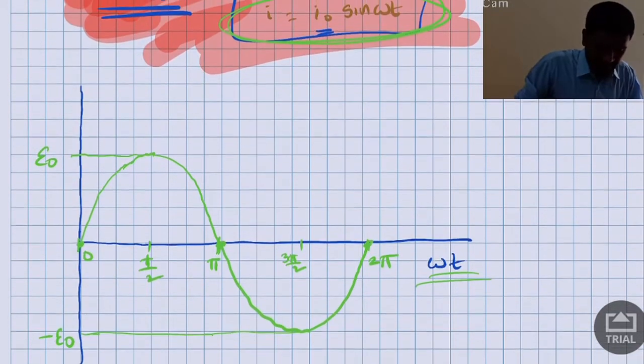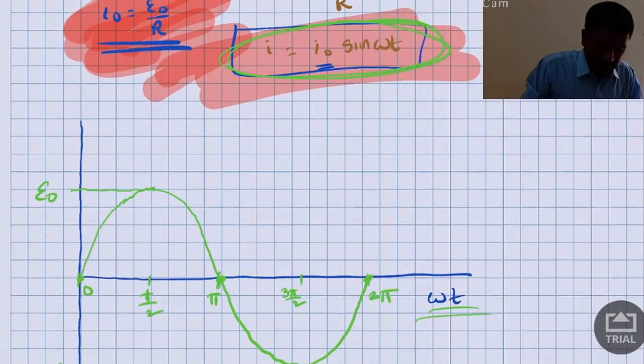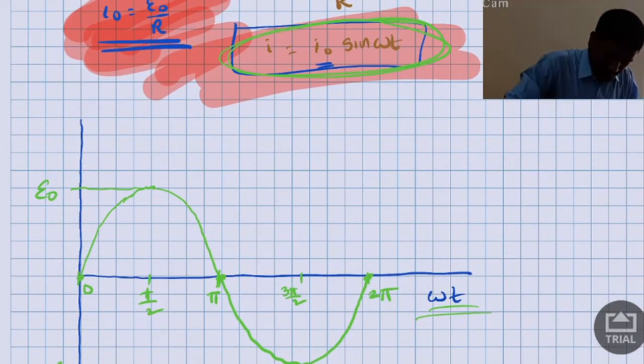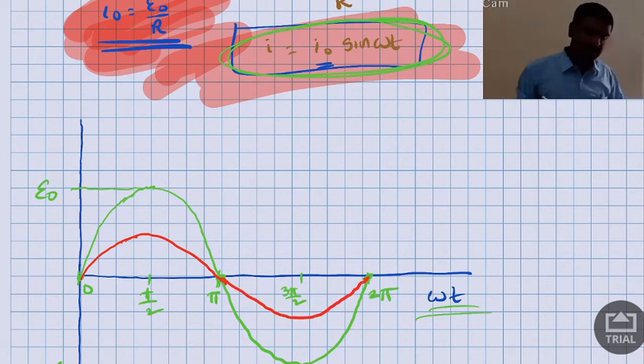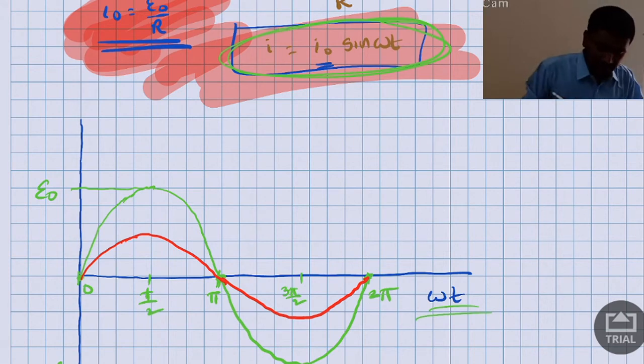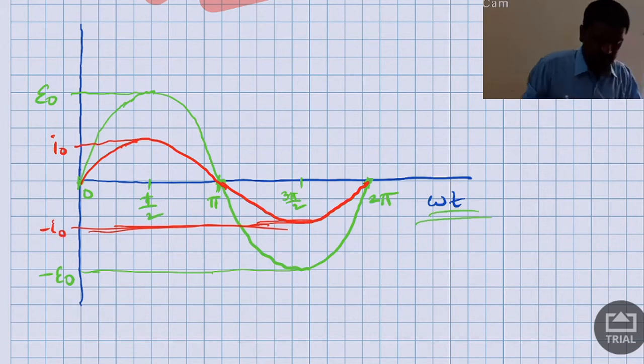For this situation I am taking I0 as something less than E0. So I am taking the graph like this. This is my current signal. You see here, this is plus I0 and this will be minus I0.